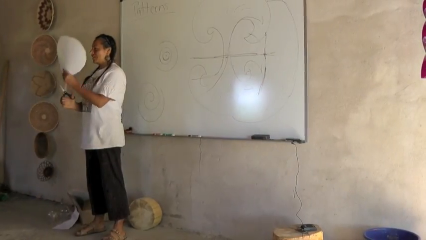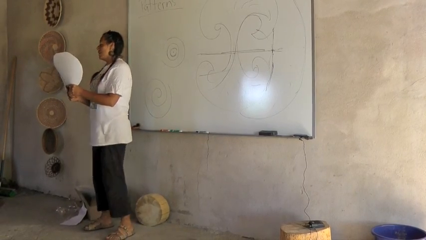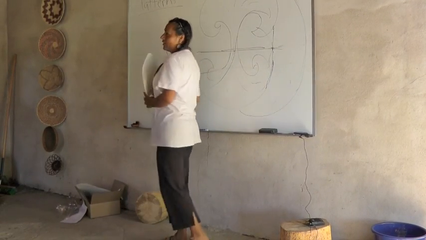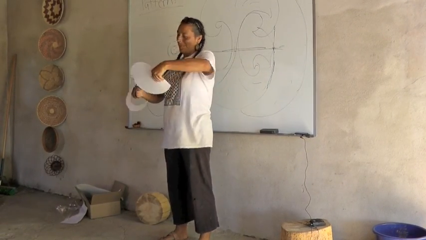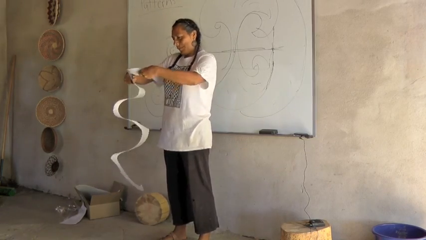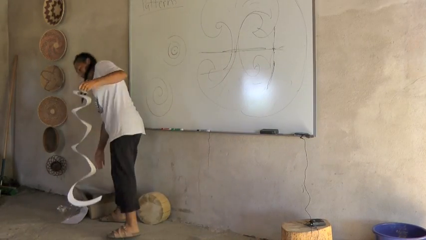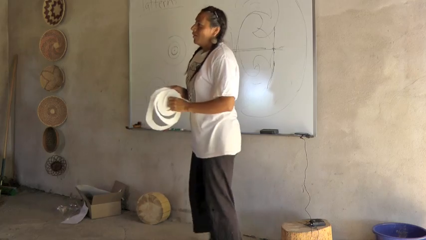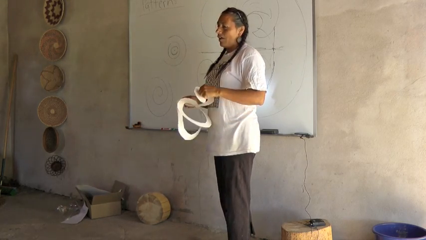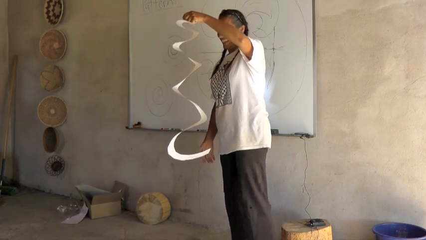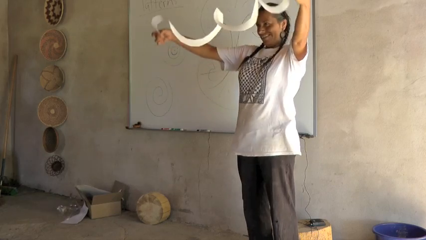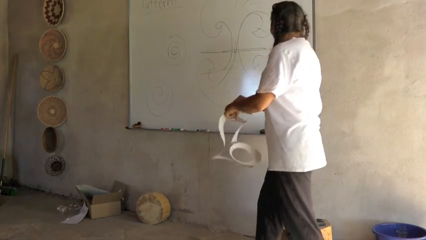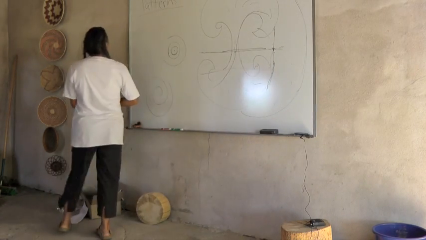Okay, what I'm going to do is a circle, is I'm going to make this pattern. Okay, I made the spiral. But what happens when you stretch the spiral out? You get the other pattern we were talking about.